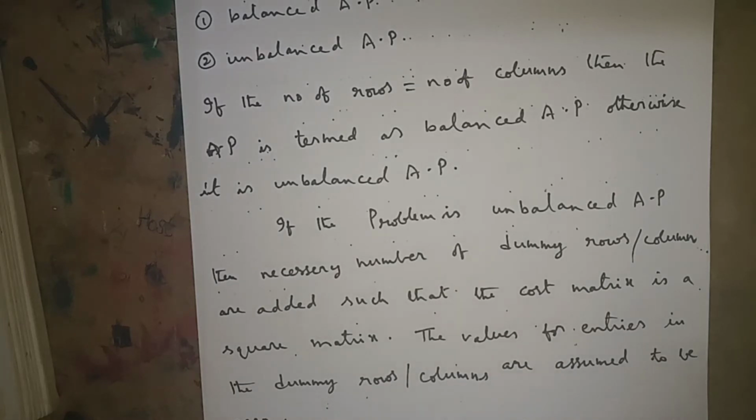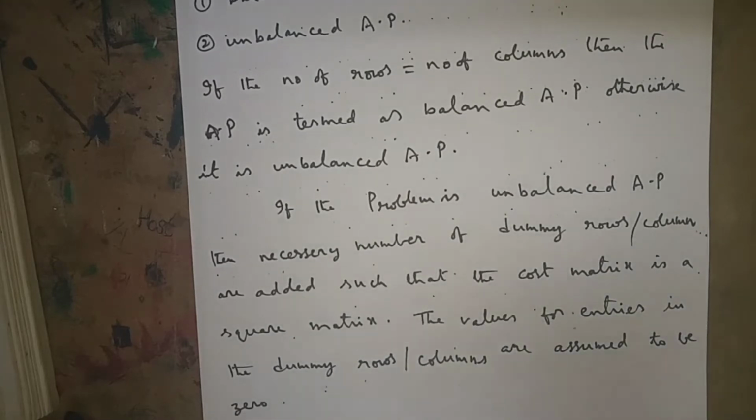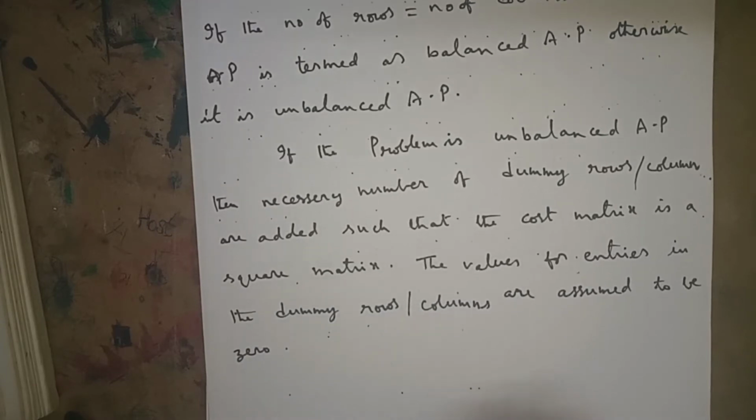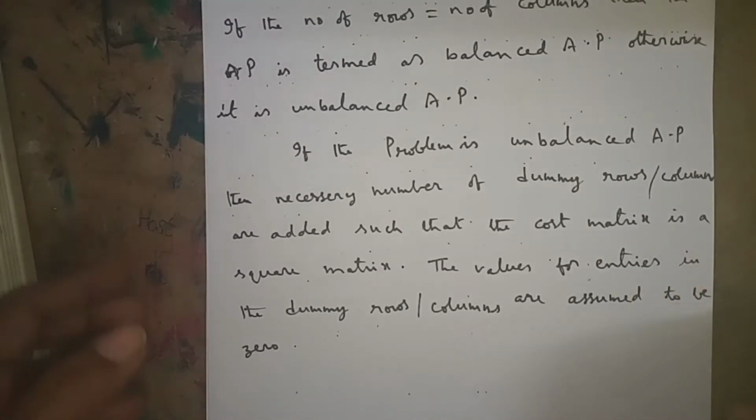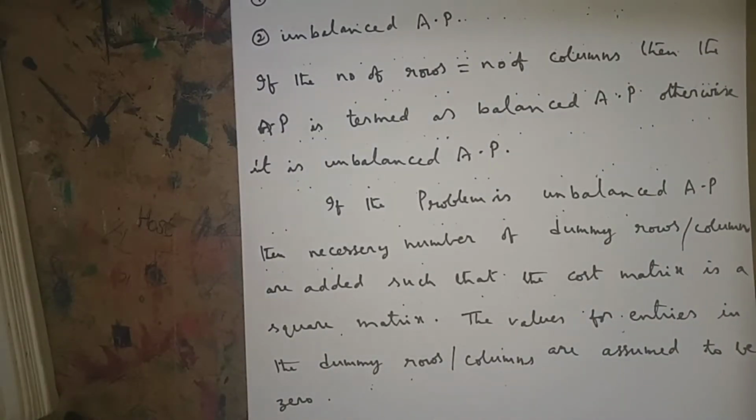If you add 2 dummy rows, then it will become a square matrix having 6 rows and 6 columns. The necessary number of dummy rows or dummy columns are added such that the cost matrix will become a square matrix. The values of entries in the dummy rows and columns are to be 0. Like this, if it is unbalanced, you have to convert the AP into a balanced AP.